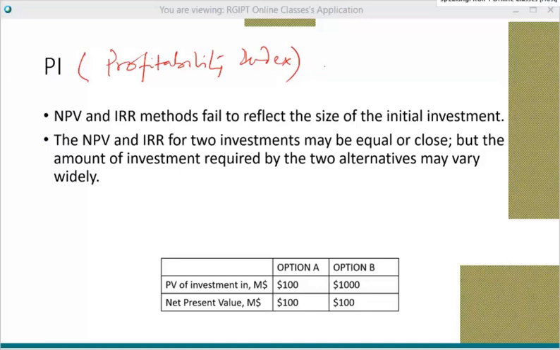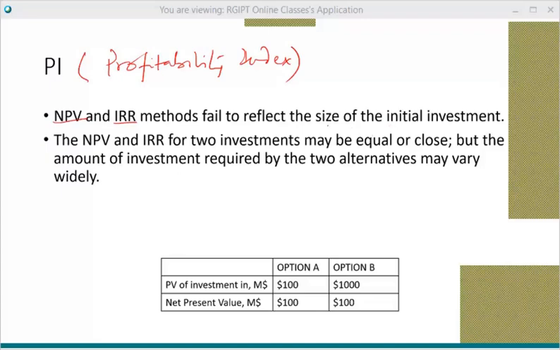So PI, profitability index. See, when we talked about, let's say, NPV or IRR, it actually included all your expenditure as well as revenue over a period of time. So it really does not reflect what is going to be the initial investment.